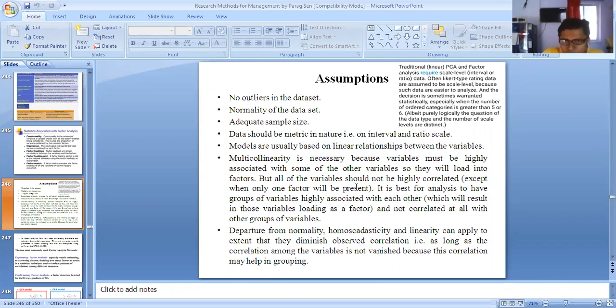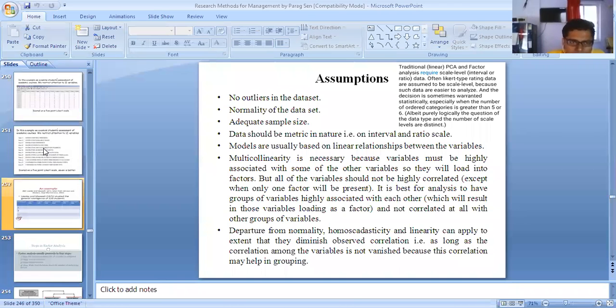Why? Because unless there is correlation, how can you group them? Only if some variables are very highly correlated can they form a particular factor, or a particular construct. So that's why multicollinearity is essential. There are certain tests that we can check.